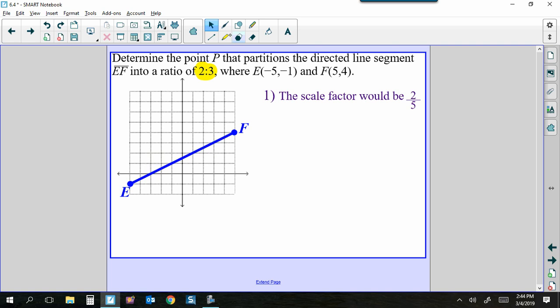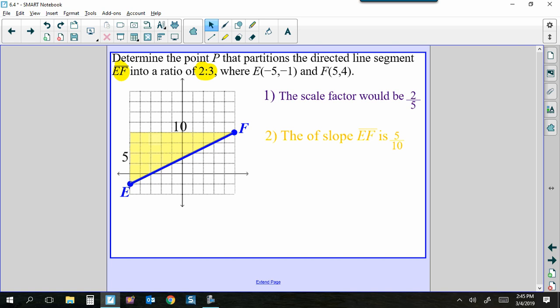The segment name is EF, so that's giving me the clue that I'm going from E to F. So I need to rise and run from E to F. It's going to be rise 5, 1, 2, 3, 4, 5. And then I'm going to run 10, 1, 2, 3, 4, 5, 6, 7, 8, 9, and 10.